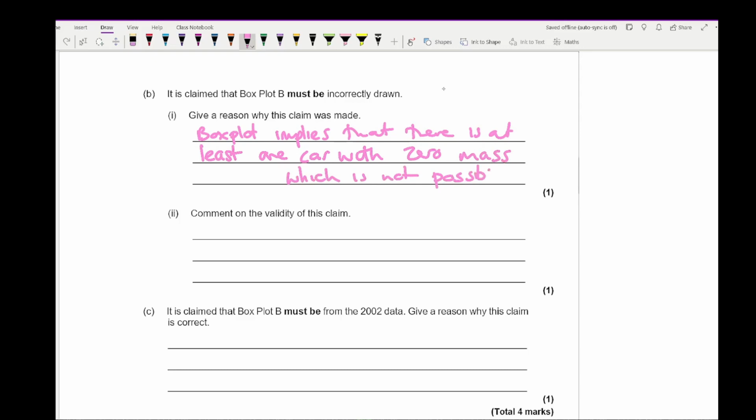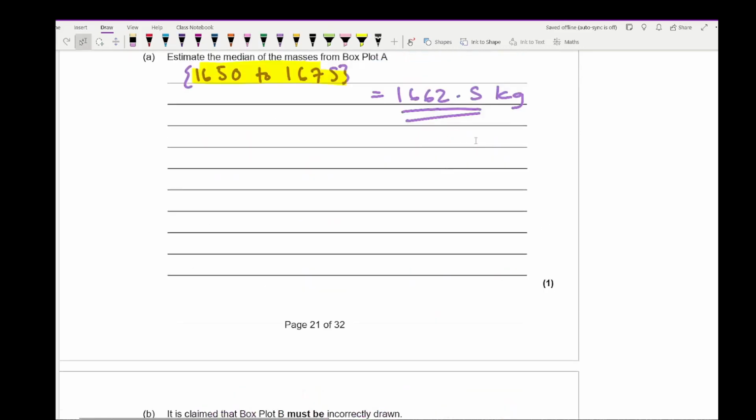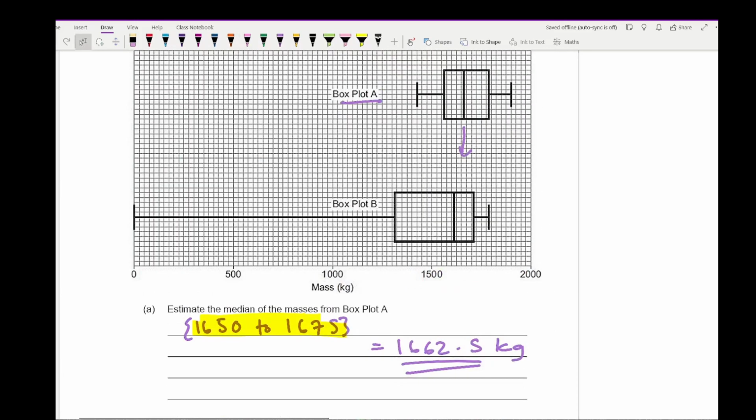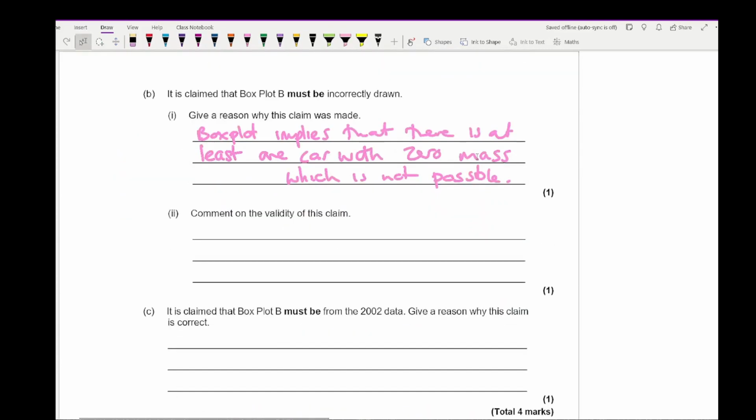So remember that the box plot represents the masses of cars, and as you can see from B, there is a car which is zero, which again can't be, as a car can't have zero weight.